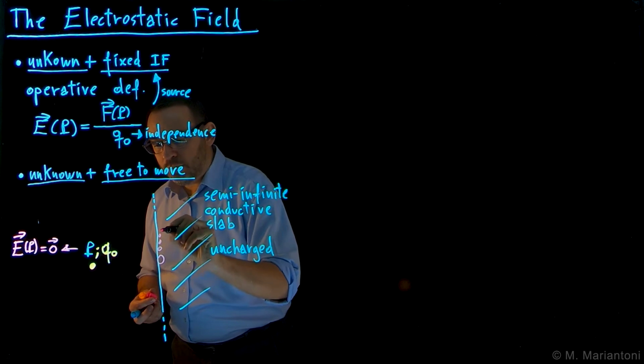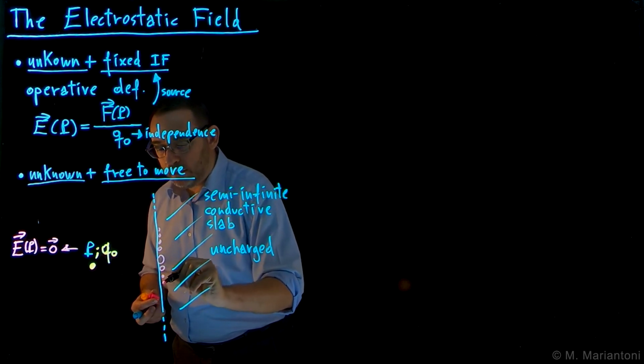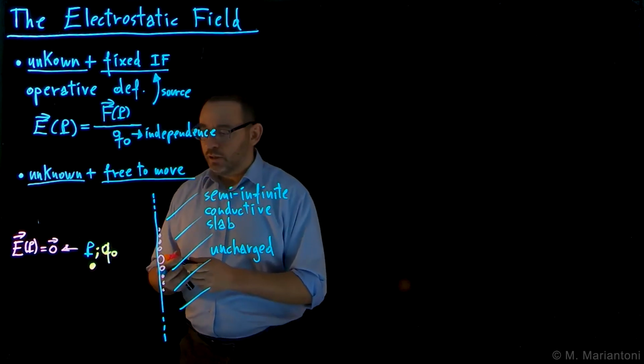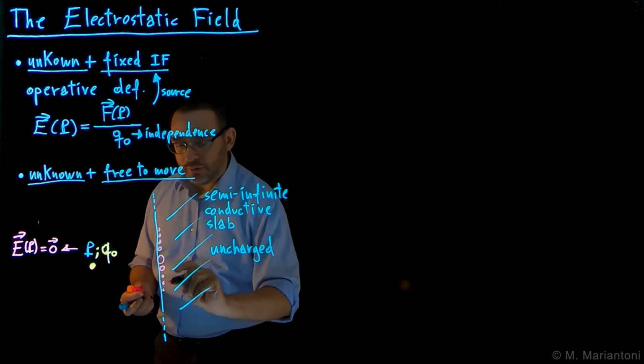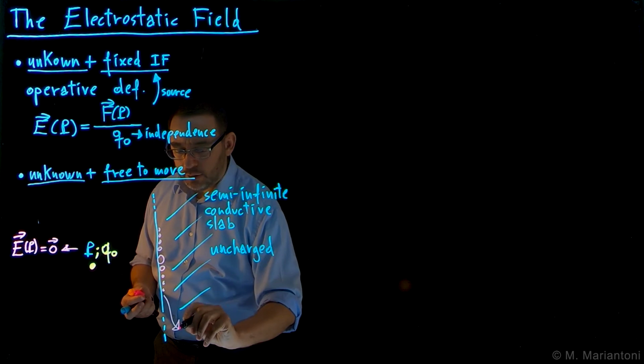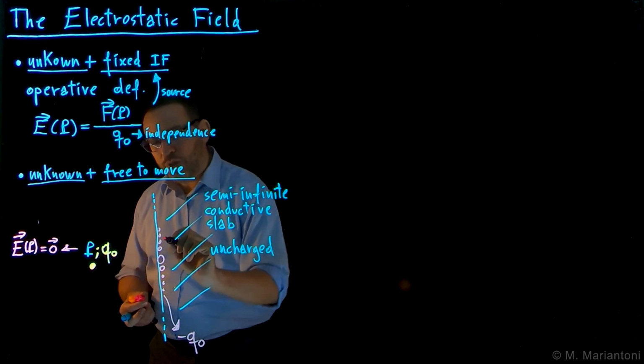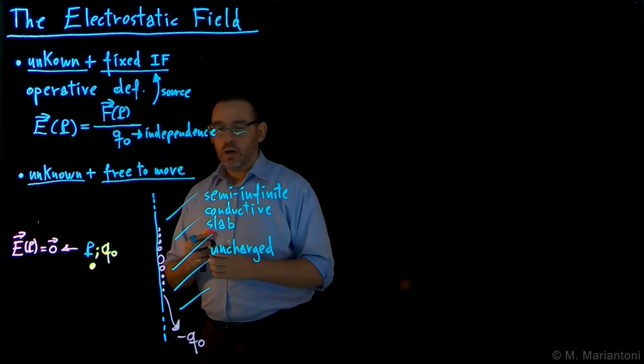The sum of this charge will be the same as Q naught. So if this is plus Q naught, the overall charge here will be minus Q naught, but it's not localized in just one point, it's distributed on this face of the slab.